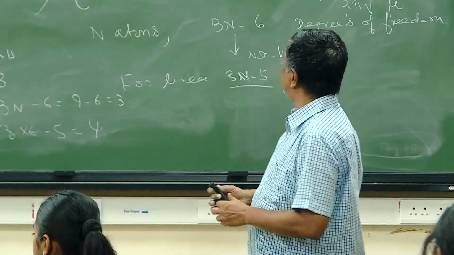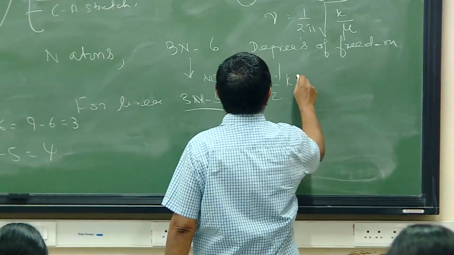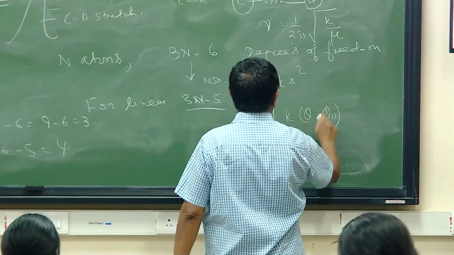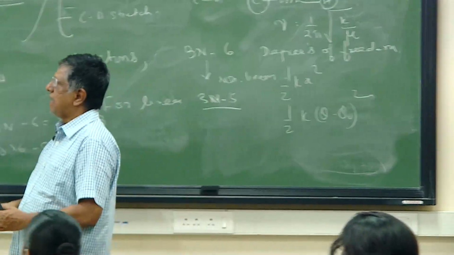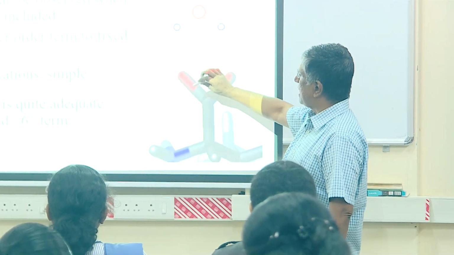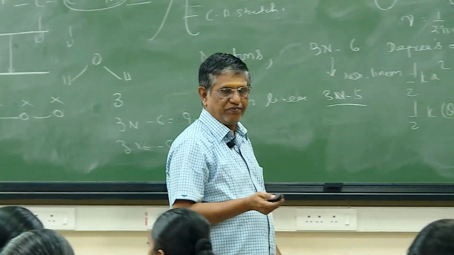Again, this can be approximated. The length is approximated as half k x square. The angle is also approximated as half k theta minus theta 0, where the original angle is theta 0 and at any instant it is theta. Therefore, theta minus theta 0 is the angle change.